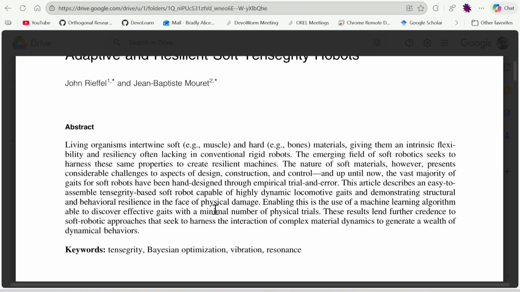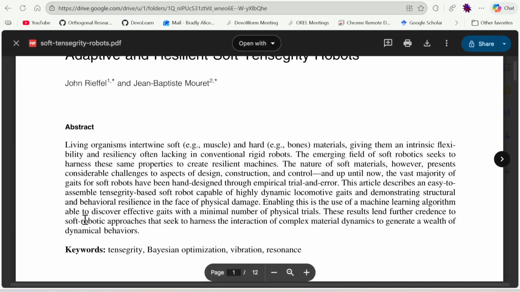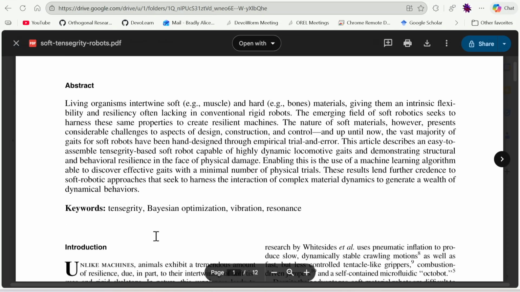You don't want to have to train it very much. You also want something that is structurally and behaviorally resilient. So you want something that can walk under a wide variety of conditions, something that can be structurally stable under the same kinds of conditions. These results lend further credence to soft robotic approaches that seek to harness the interaction of complex material dynamics to generate a wealth of dynamic behaviors.